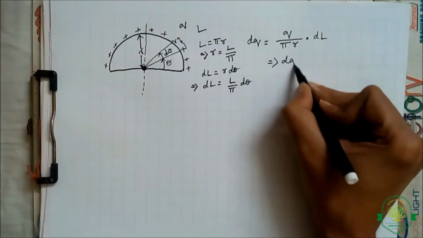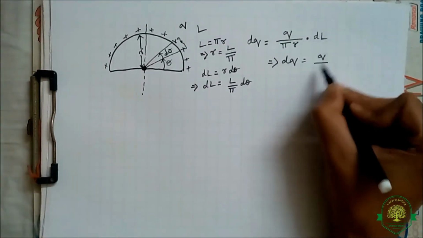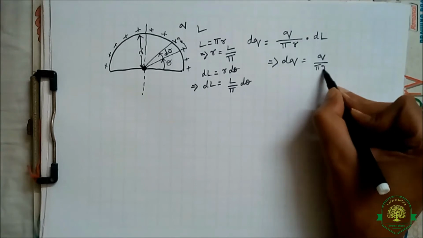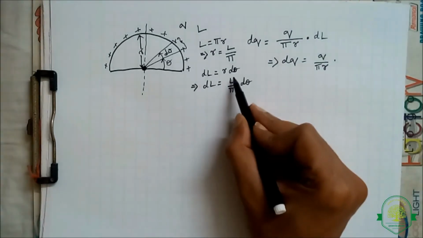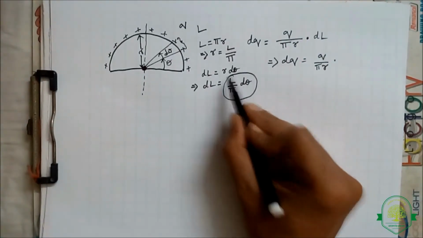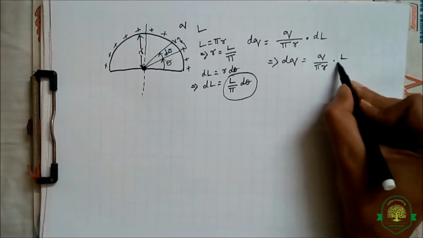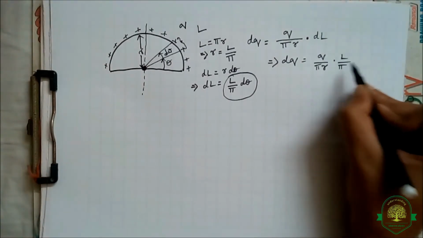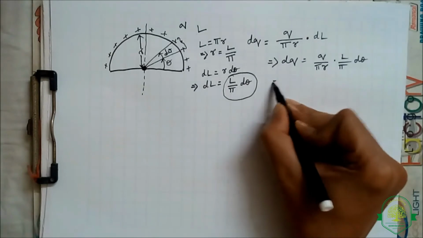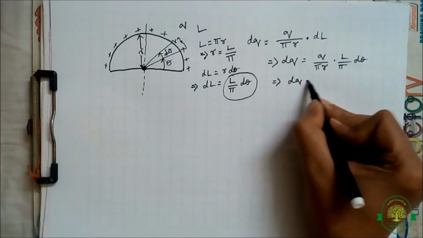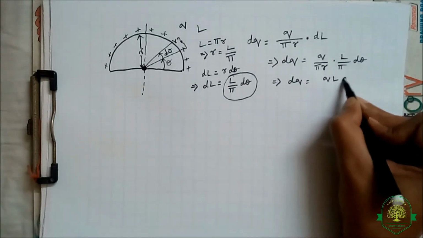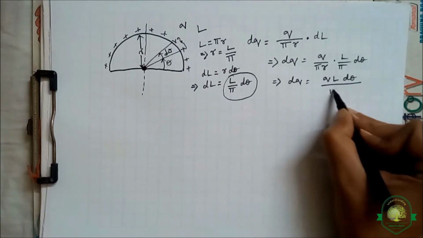Or we can say that dq is Q over pi r multiplied by dl, but we know that dl is just L over pi times d theta. So the small charge dq is QL d theta over pi squared r.